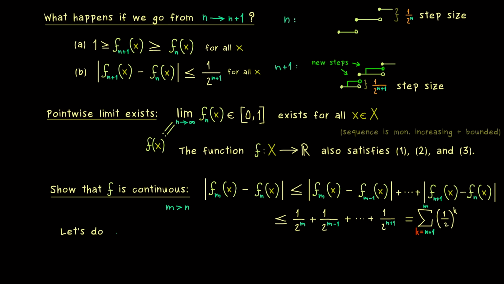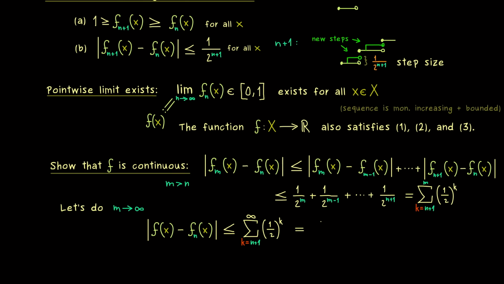And now obviously on both sides we can just form the limit m to infinity. So on the left hand side we have the difference f of x minus fn of x. And on the right hand side we have a nice infinite sum where we have the geometric sum formula for it. And this one is quite nice because we have 1/2 to the power n plus 1 divided by 1 minus 1/2 as well.